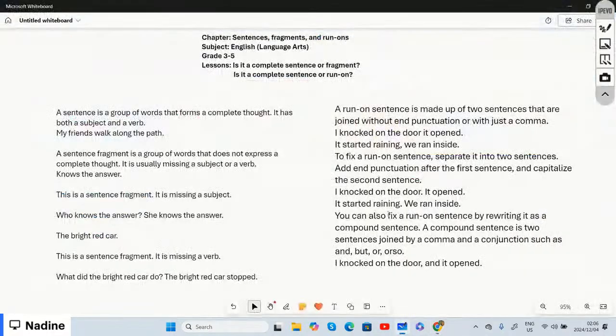All right. So our chapter is sentences, fragments, and run-ons.